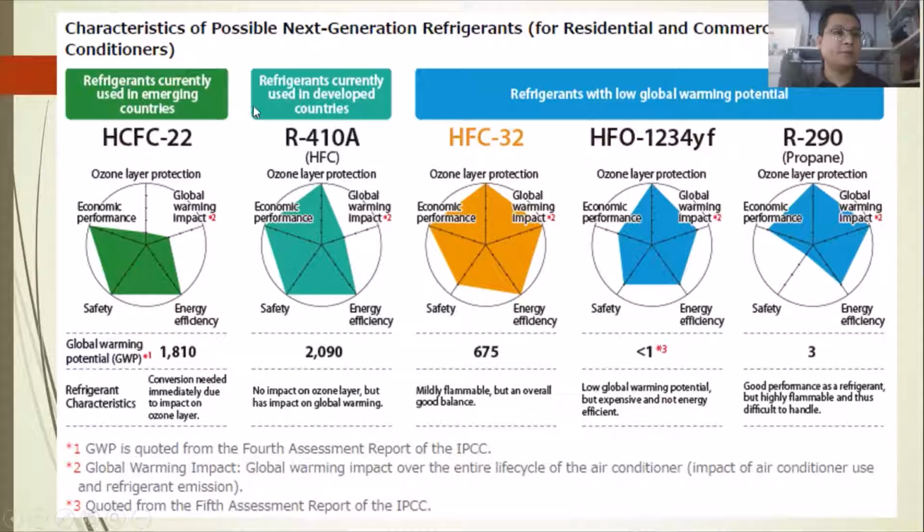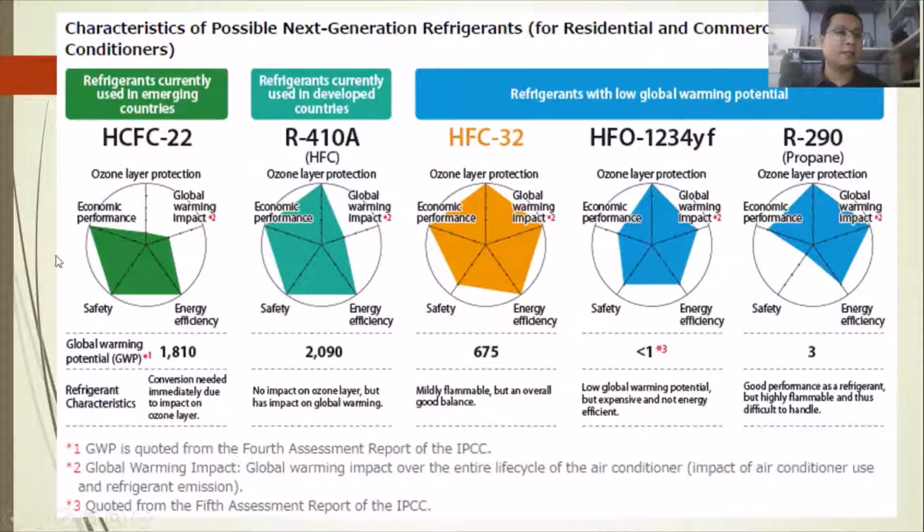Okay, we go to the refrigerants currently used in emerging countries: HCFC-22, and then R410A, then HFC-32, and so on until R290. This is the history of what has been used in commercial refrigeration systems.